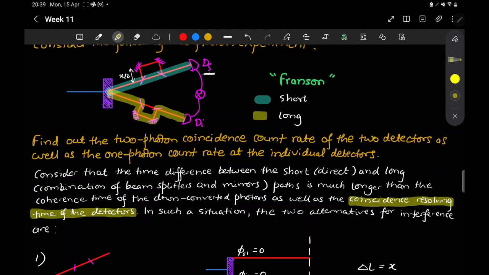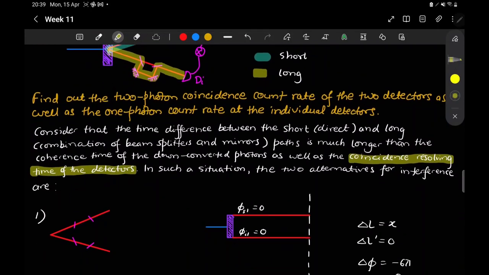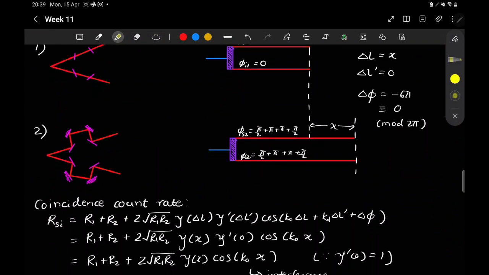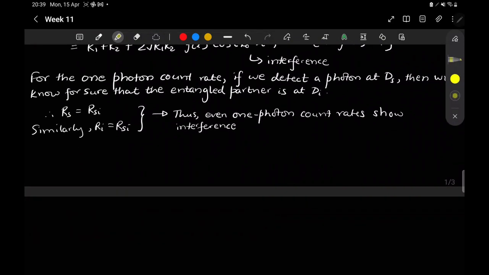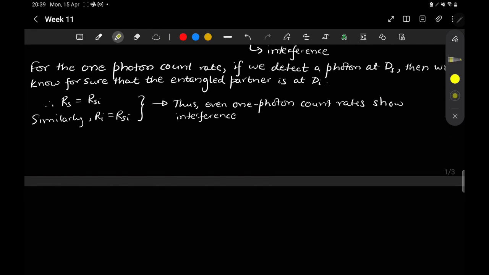Once we relax this condition, then we will have this short and long paths also leading to coincidence. So instead of two alternatives, we will have four alternatives. Let us look at that now.